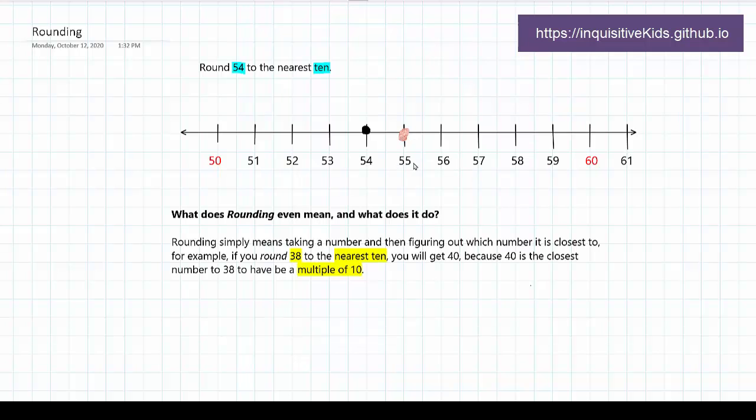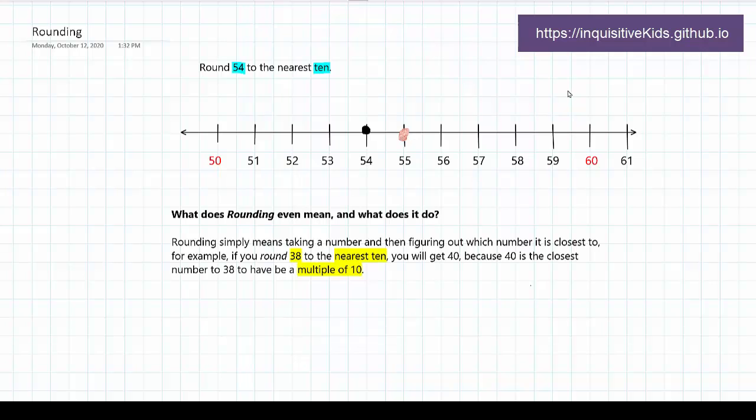Anything that comes after 55 rounds up to 60. So now we can see clearly that 54 is closer to 50 because it is less than 55, the direct middle of 50 and 60.